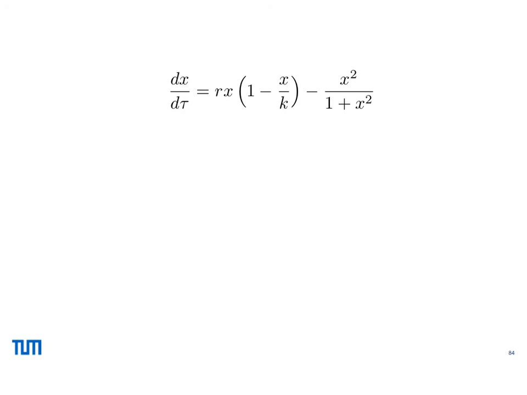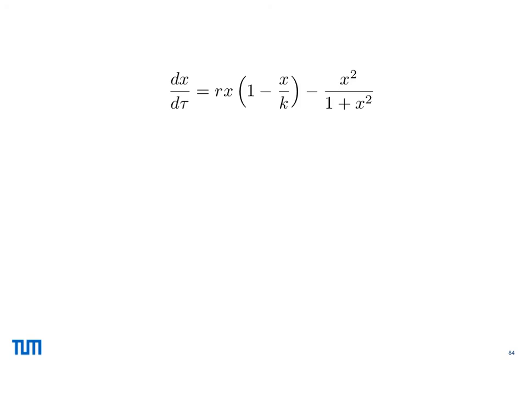Okay, so we have the equation. What do we do now? What is the idea of continuing with this analysis? Any ideas? Are you thinking behind your screens? Yeah, and as always is the case, there is someone telling me we have to do fixed points. We have to find the fixed points of the system.